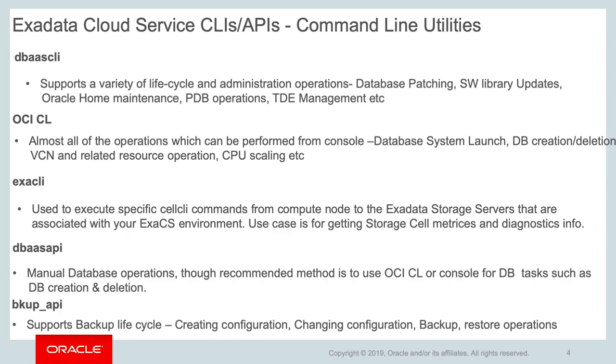There could be a console which might show this backup functionality in the future, and then users can decide whether they want to use this API or the console for performing these tasks. But at the moment, we have only the option to use backup API for doing any backup related operations on ExaCS.